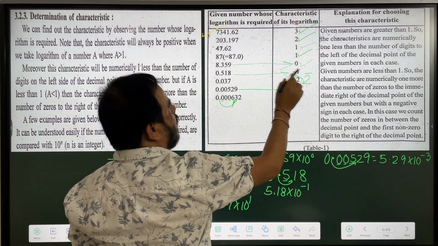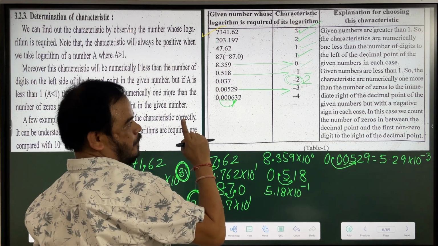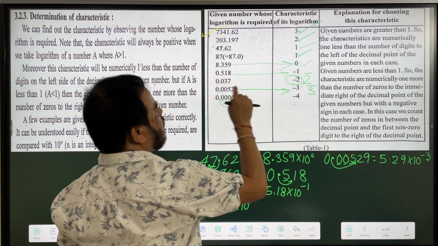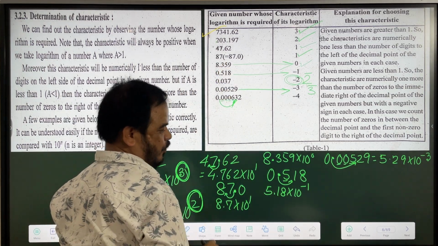But for 2 bar, there will be a 0 after the decimal. For 3 bar, that means after the decimal there will be 00.